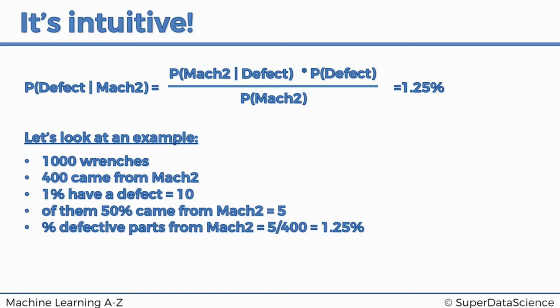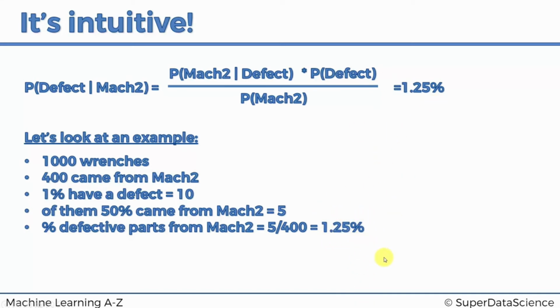So the question is, what is the percent defective parts from machine 2? Well, it's very easy now, right? We know how many defective actually came from machine 2, 5, and we know how many wrenches came from machine 2, 400. So all we have to do is divide 5 by 400 and we'll get 1.25%. So we get the same answer.